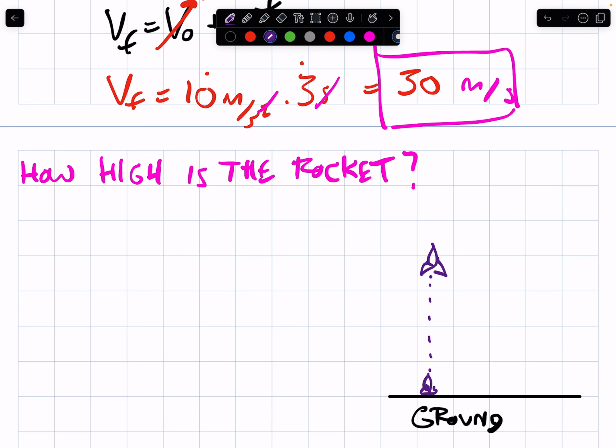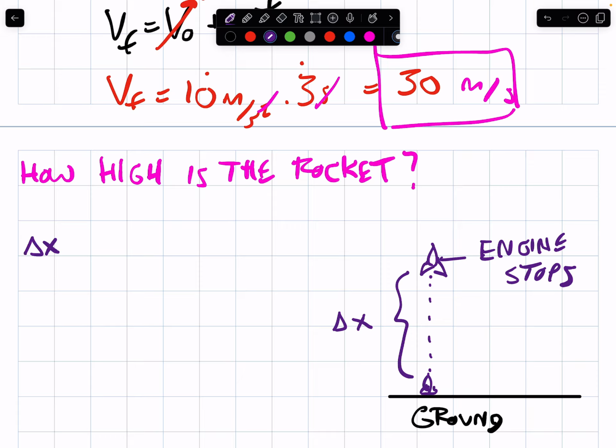And at some point, the engine burns out. Okay, and so then we want to know, what is that distance? We can call it delta x if you want to, or we call it delta y. So during this entire phase, it has an upward acceleration of about 10 meters per second squared. And we want to know the position, so guess what we can do?